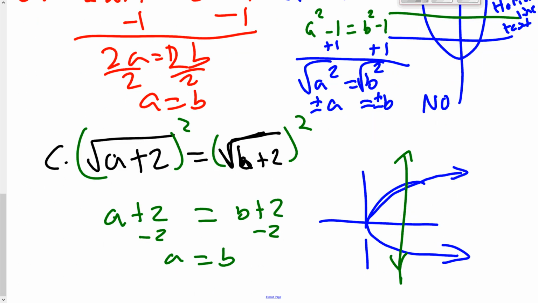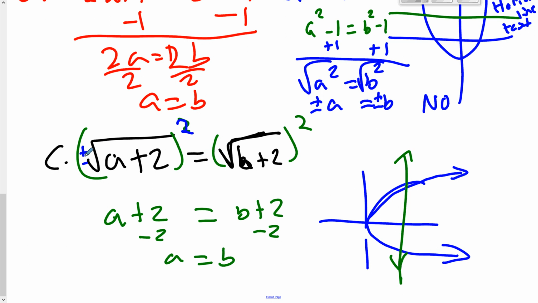That's why we have to identify if it is a principal square root or the whole square root. Because yes, we get a equals b here, but we know if we're talking about the whole square root, that means it doesn't pass the vertical line test, right? And yes, when I square a positive or a negative, it becomes positive, right? That is true.